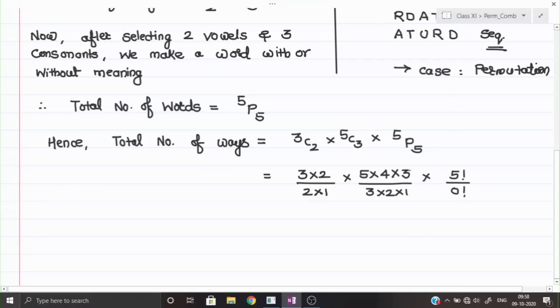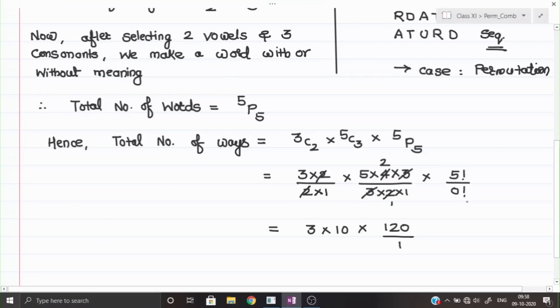Now here 3 and 3 cancel, 2 ones are 2 and 2 twos are 4, here 2 and 2 got cancelled. So we will get here 3 into 5 into 2, 10, factorial 5 is 120 and factorial 0 is always 1. This I hope is clear.